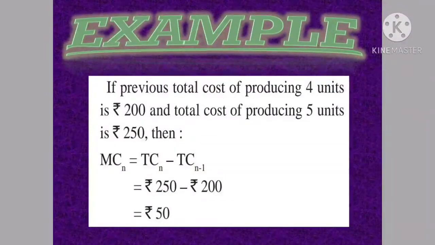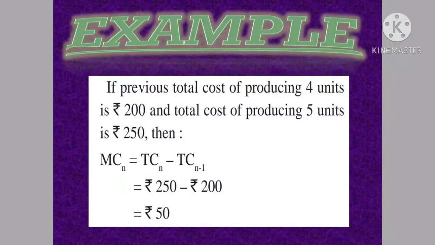If previous total cost of producing 4 units is rupees 200 and total cost of producing 5 units is rupees 250, then marginal cost of n units equals total cost of n units minus total cost of n minus 1 units, which equals the total cost of n units, 250, minus total cost of n minus 1, that is previous unit, 200 rupees.